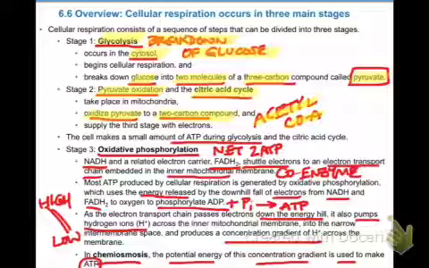The cell makes a small amount of ATP during glycolysis. It actually makes a net here of 2 ATP. We'll talk about that too. It produces 4, uses 2, so the net would be 2 ATP in that particular process.